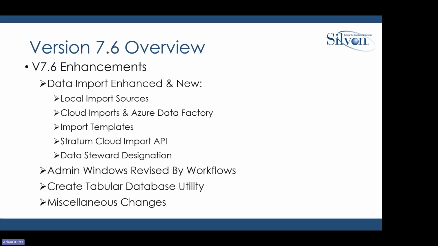So now you have not only the ability to keep importing from Excel files, but now you have options of importing from text files, CSVs, from cloud imports, APIs, Azure Data Factory. There's a new concept called import templates to make your importing jobs faster and easier and more efficient. So we're going to talk about all of that and much more.